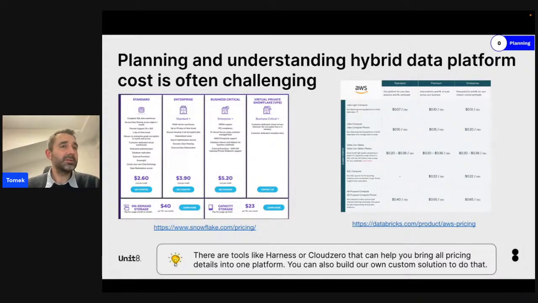But if your organization is large enough and it is justified, you can also build those tools on your own and have very detailed and fine-tuned insights into what's happening on your platform in terms of costs. I'll be talking about one use case like this in a few minutes.